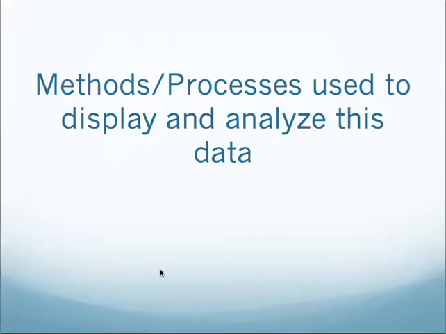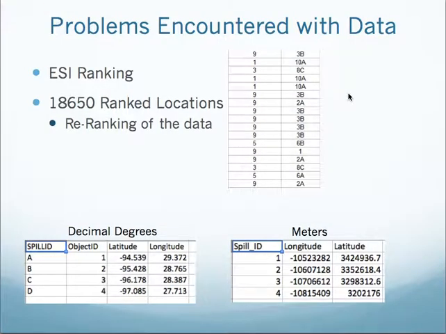Okay, so these are the methods and processes I use to display and analyze this data. First of all, I'll talk about some of the problems I ran into when trying to use this data for analysis. This ESI ranking data was not only numerical, but also numerical and alphabetical for all the ranks.